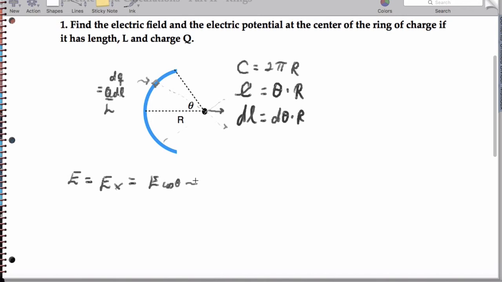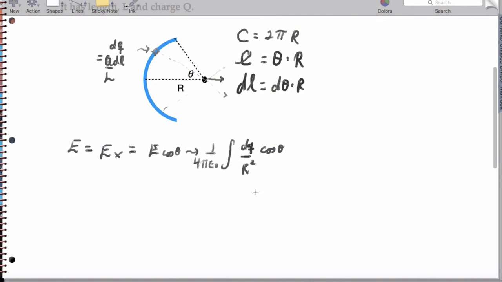And so what we're going to integrate is 1 over 4 pi epsilon naught dq over r squared times the cosine of theta, since it's the x component.